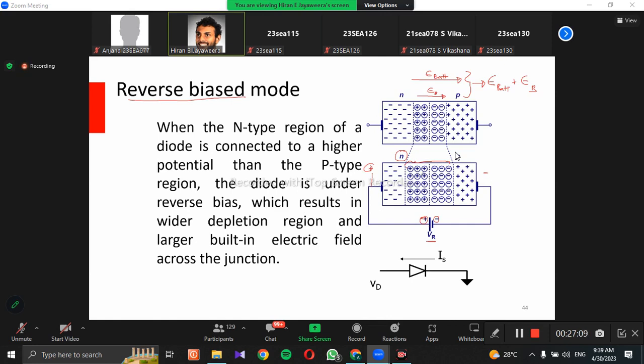However, there may be some minority carriers. For example, if we have a free hole here, this free hole will be moved towards the right. Is it clear?